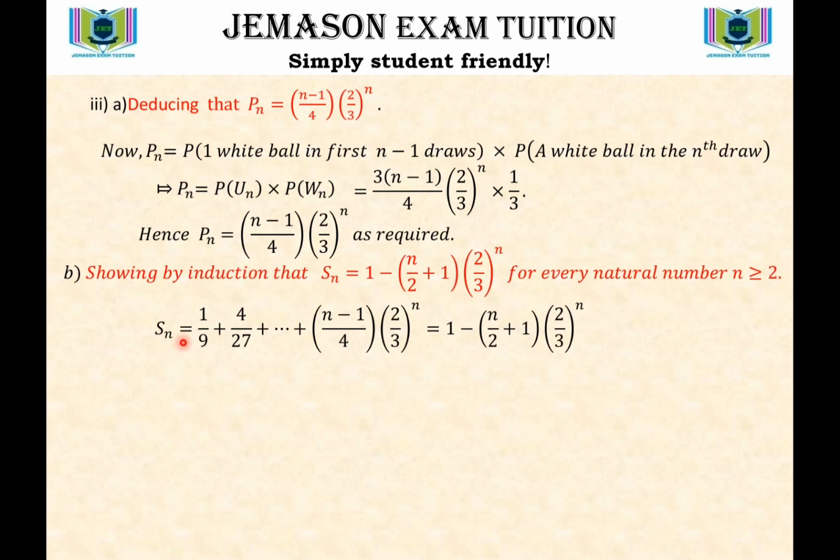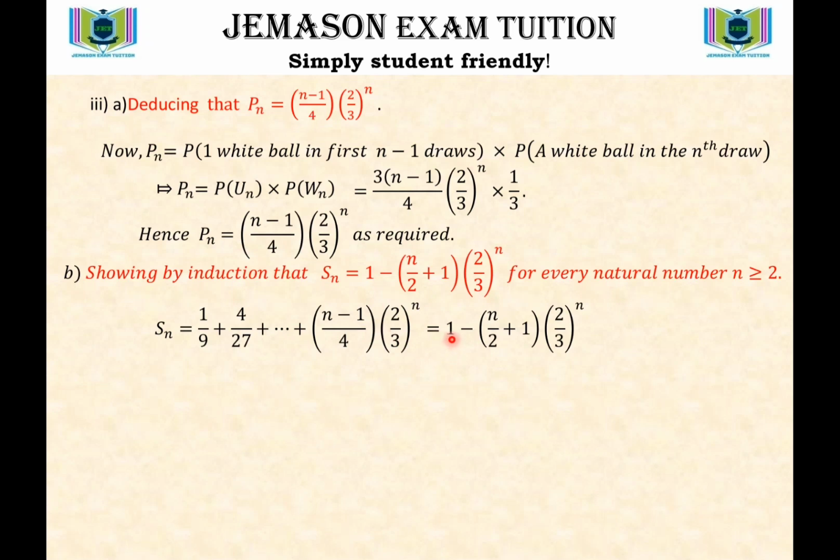So we recall that S_n is equal to P_2 plus P_3 plus up to P_n. P_2 is 1/9, P_3 is 4/27, and P_n is (n-1)/4 times (2/3)^n, as we proved in the previous part of the question.